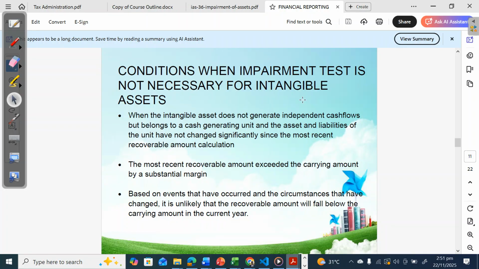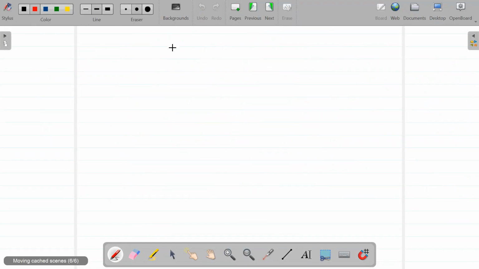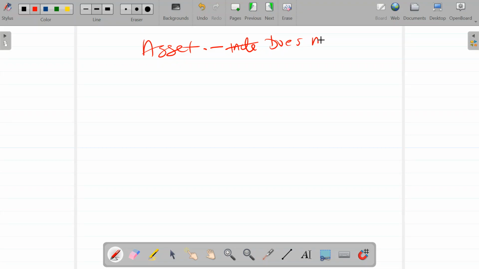Number one, if the asset does not generate independent cash flows. If you have an asset, and this asset does not generate independent cash flow.